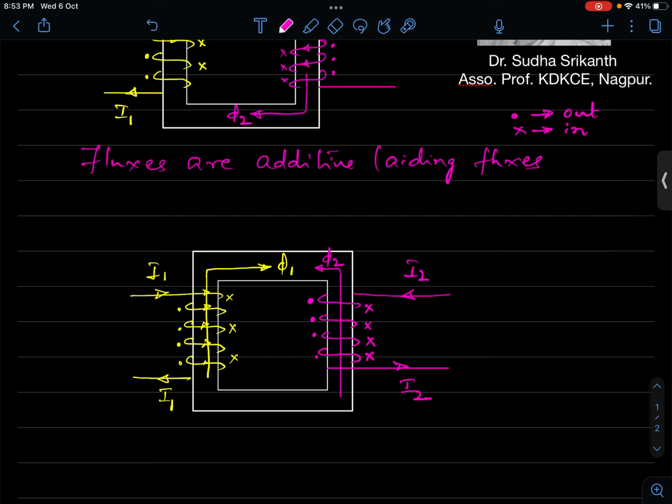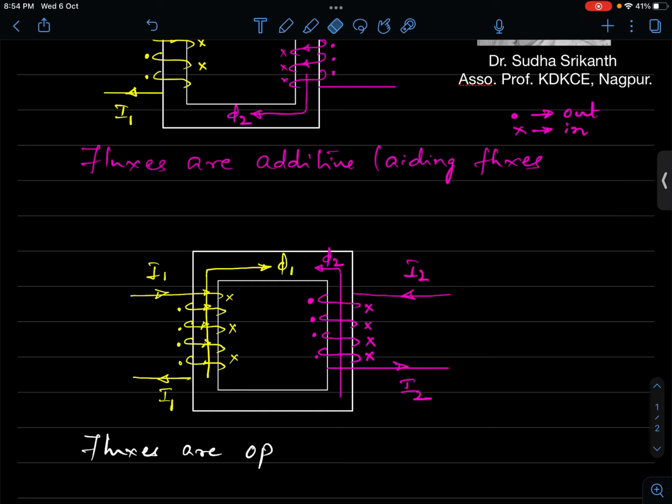This is your Fleming's right hand rule: if you hold the conductor such that your fingers are indicative of the flow of current, then the thumb is in the direction of flux. So you can see that the fluxes phi 1 and phi 2 in this situation are opposing each other.